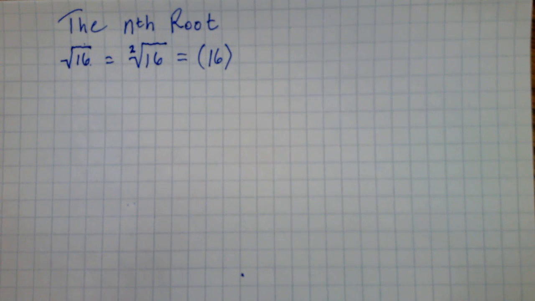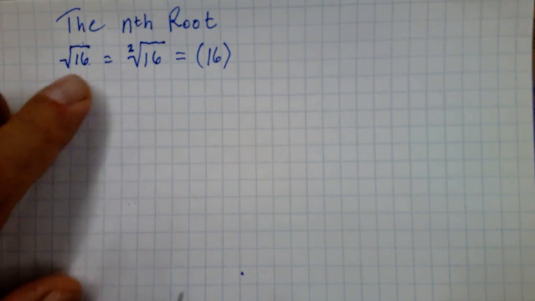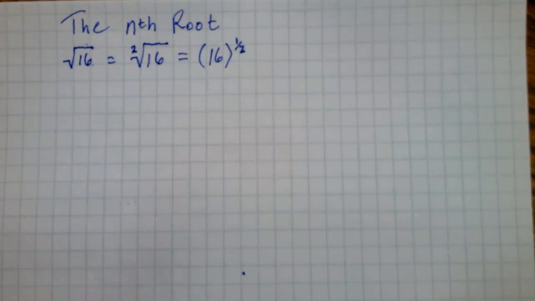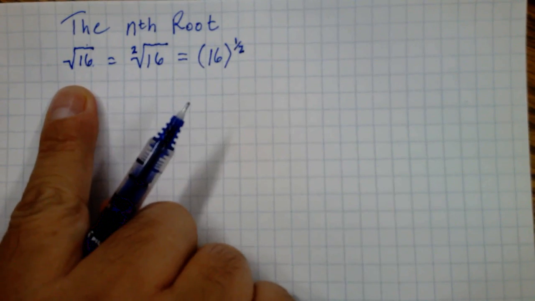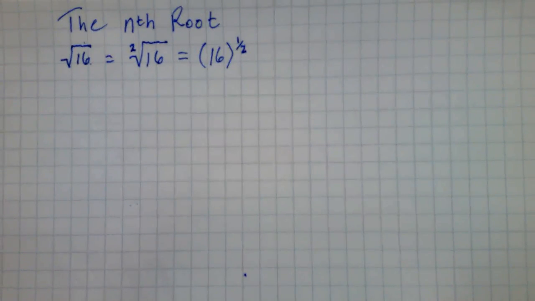You can actually express roots as an exponent. Did you know that? We're going to do that right now. It's to the 1/2 power. The square root of 16 can also be written as 16 to the 1/2 power. Okay? And let me prove it to you that works.